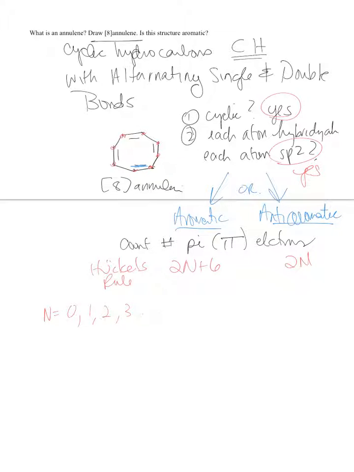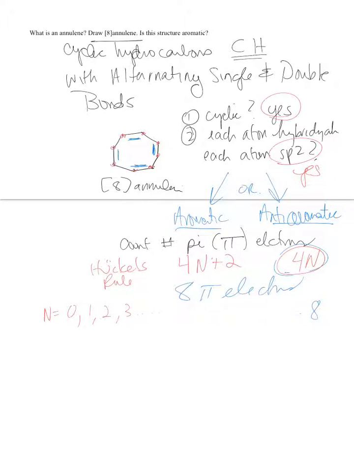We have 1, 2, 3, 4, 5, 6, 7, 8. So we have 8 pi electrons. Oh, I'm sorry, that should be 4n. Okay, I'm a little slow today. 4n plus 2 or 4n. Okay, so make that correction.